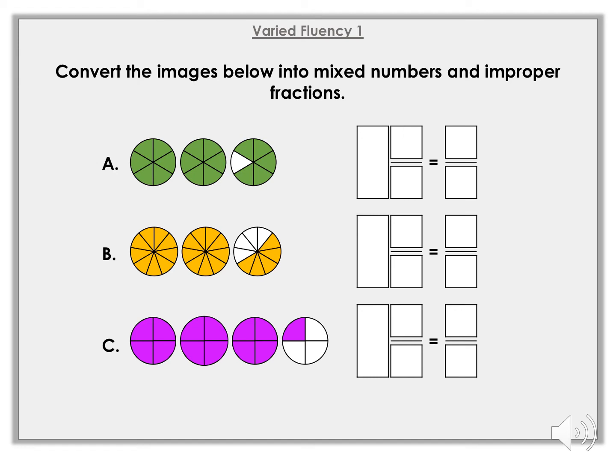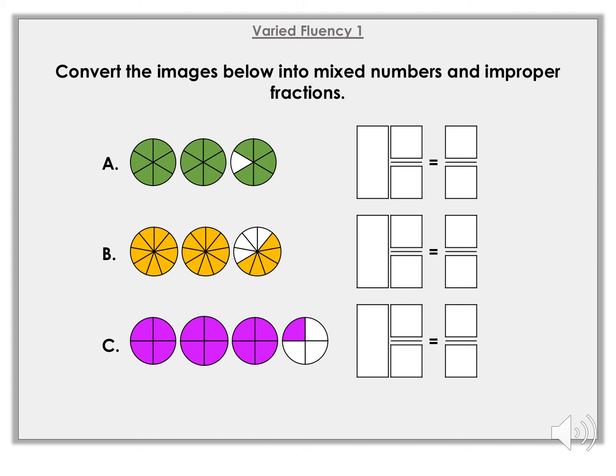Right, one more example, Year 5, is C. Again, how many pieces is it cut into? 4. And how many wholes do I have? I've got 3 wholes. My denominator is 4. How many's left over in that last one? 1. So my mixed number is 3 wholes. Can you see that? 1, 2, 3. And then I've got 1 piece out of 4. 3 and 1 quarter.